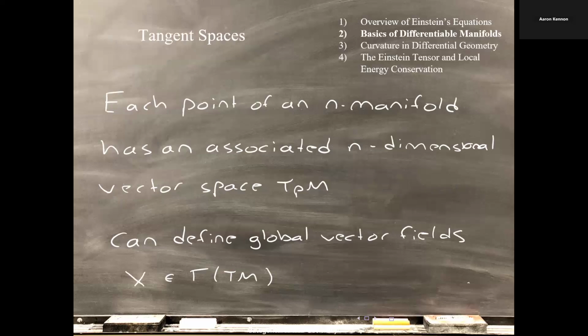But the key point related to differentiable manifolds, which is relevant for when we do geometry, is that you can show that each point on an n-dimensional manifold has an associated n-dimensional vector space, T_pM, associated to it. And this is what's called the tangent space at a point of the differentiable manifold, right? So this is a vector at a point.